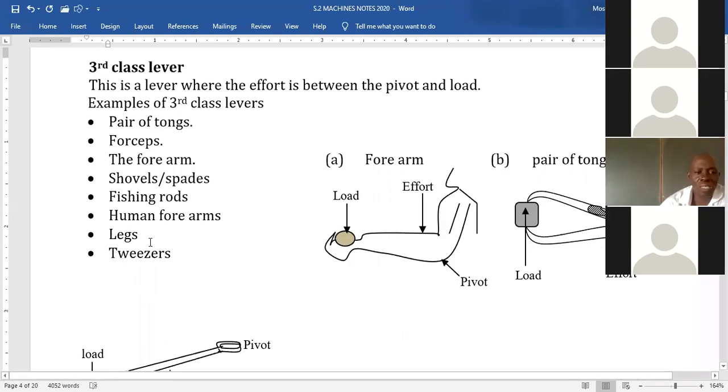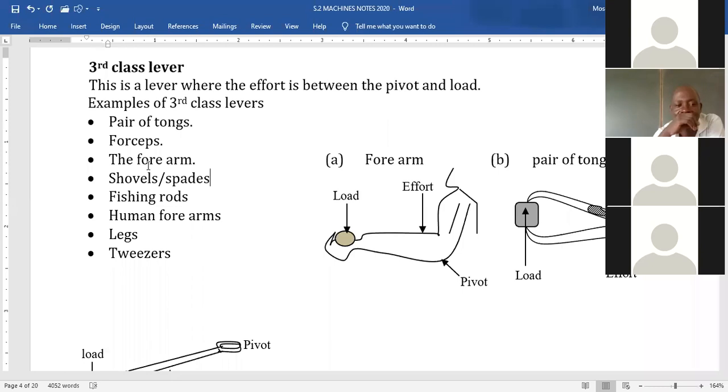Now these things, legs and forearms, are not necessarily machines, people. But they simplify work. Did you create your forearm?